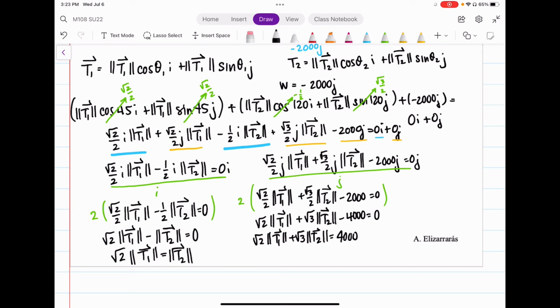And so I'm going to substitute into the equation root 2 times the magnitude of T1 right here for T2.